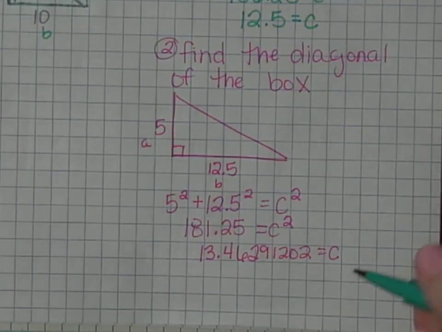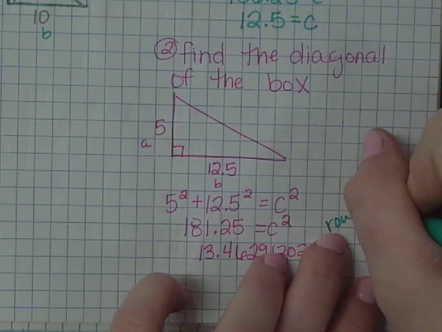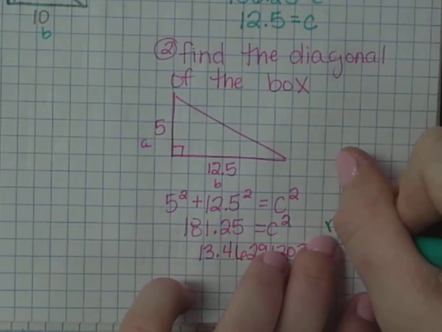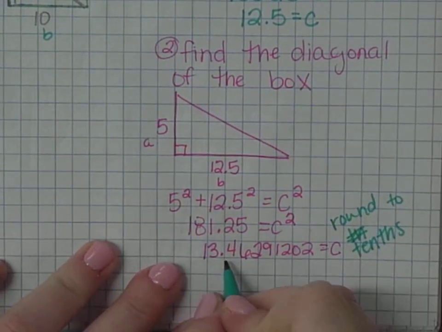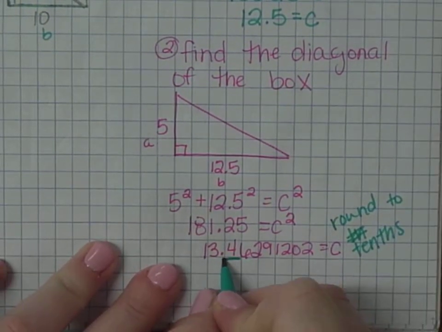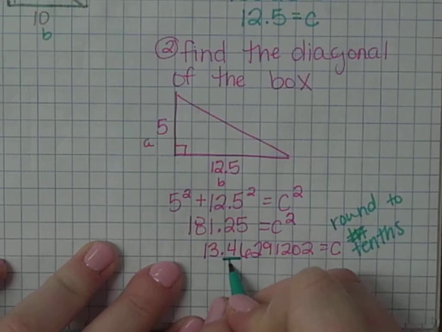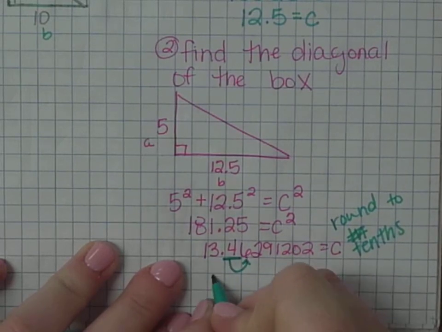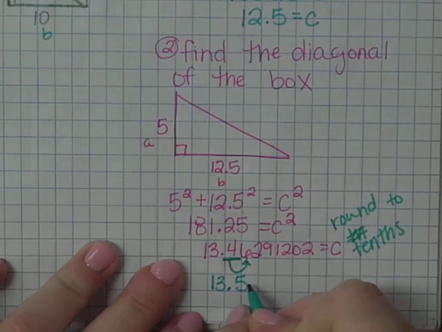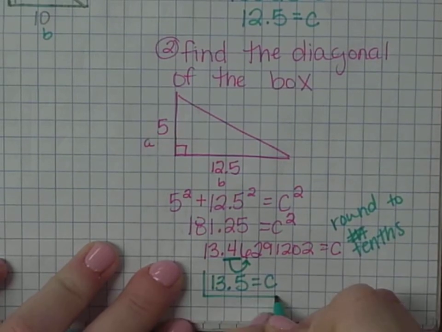And we'll round this to the tenths. So the tenth place, so that means 1 decimal. So look at the 6. The 6 makes the 4 go to a 5, so it'd be 13.5 equals C.